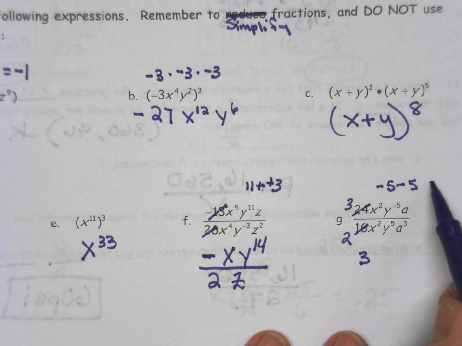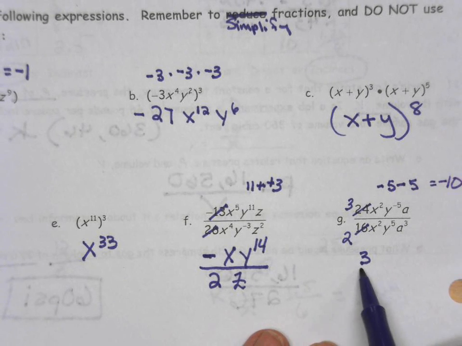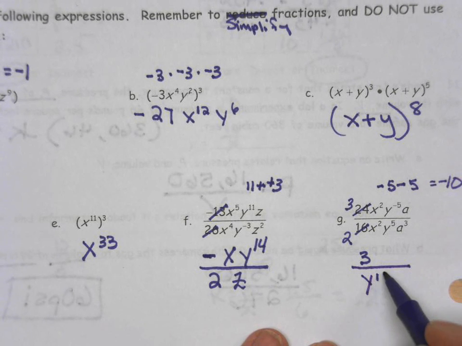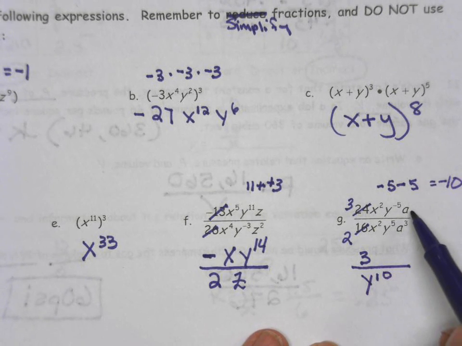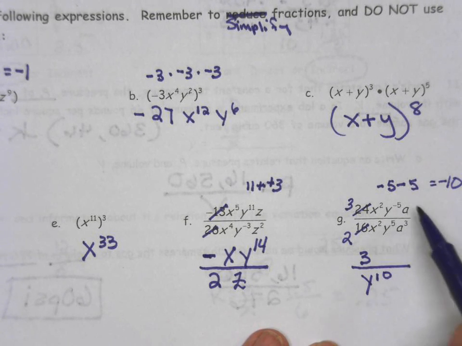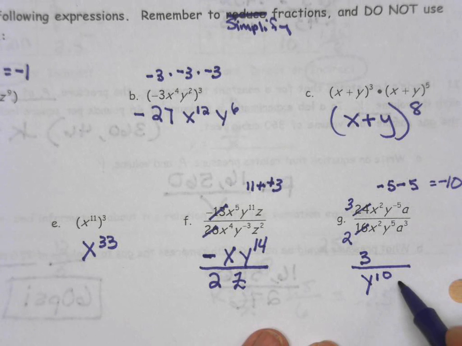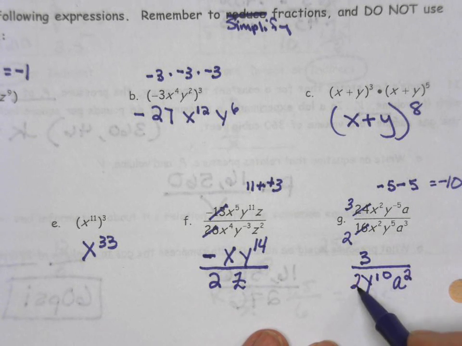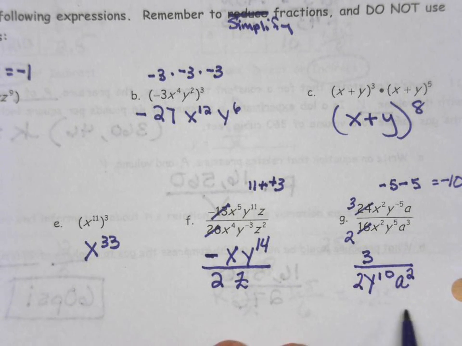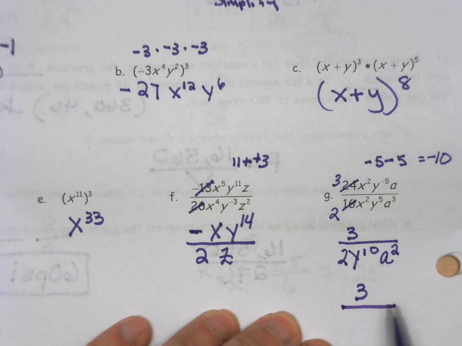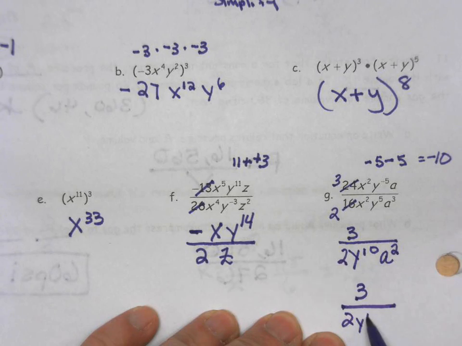So that gives me a -10, so that tells me that that's going to be on the bottom, and it would be y to the 10th power. And then we have 1 here and 3, so I have more on the bottom than the top, so that means that I would have a to the 2nd power here, because I have 2 more on the bottom. And I almost forgot my 2 there. So if you want to write that a little bit nicer, that would be 3 over 2 y to the 10th a squared.